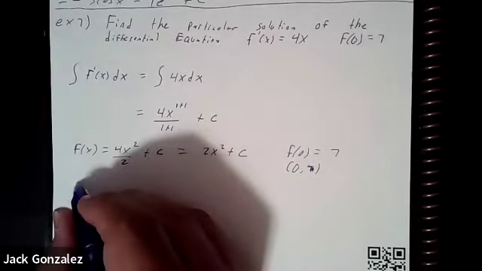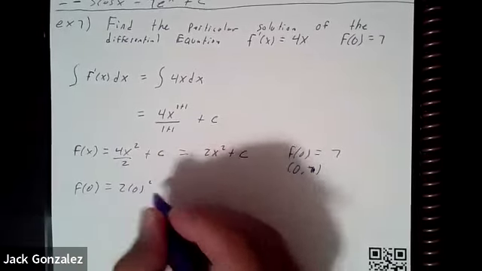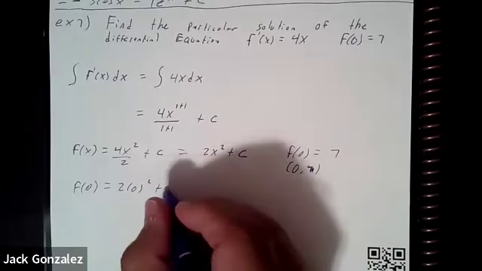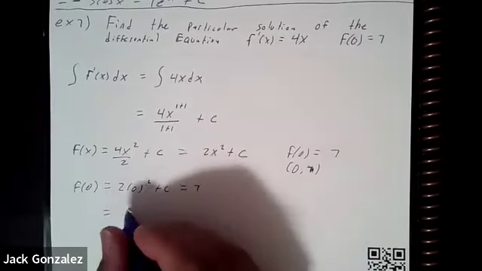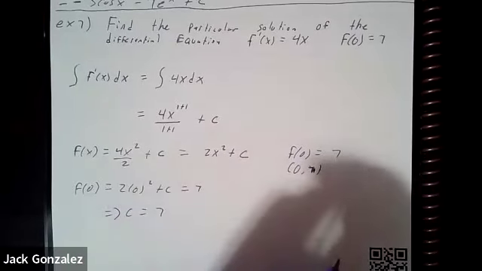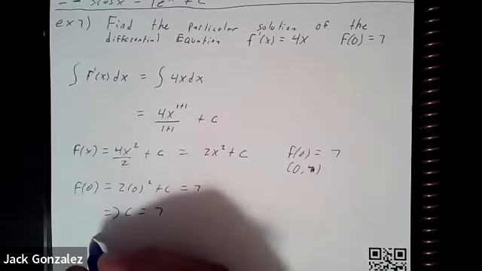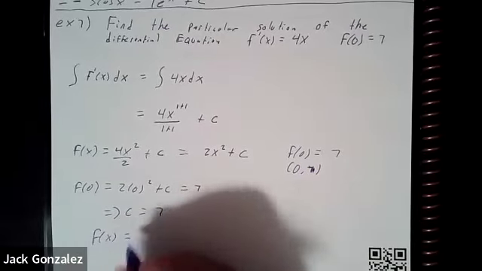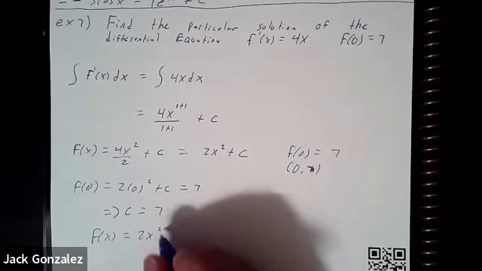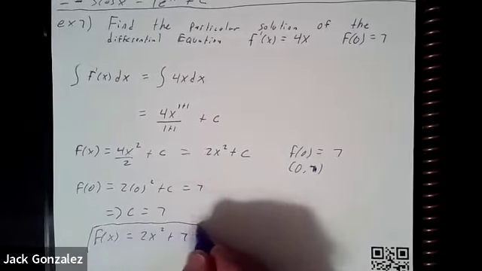Basically, it's saying that f of 0 is equal to 7. So that means that c has to be 7, right? So the solution is f of x equal to 2x squared plus 7. So this is what they want.